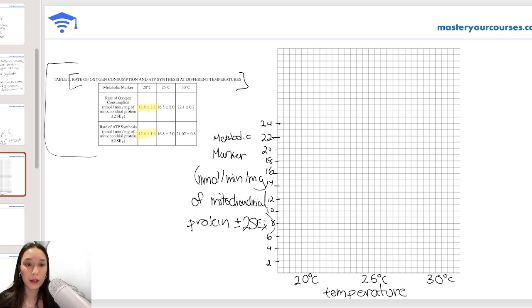So 12.8 for oxygen consumption. This won't be the most accurate graph, but if you have 12 here, 12.8 should be around here. You can make them single bar, double bar, it doesn't really matter, whatever works best for you. I just did 2 across to make them a little bit easier to see. The other important thing is you have to put your standard error in.